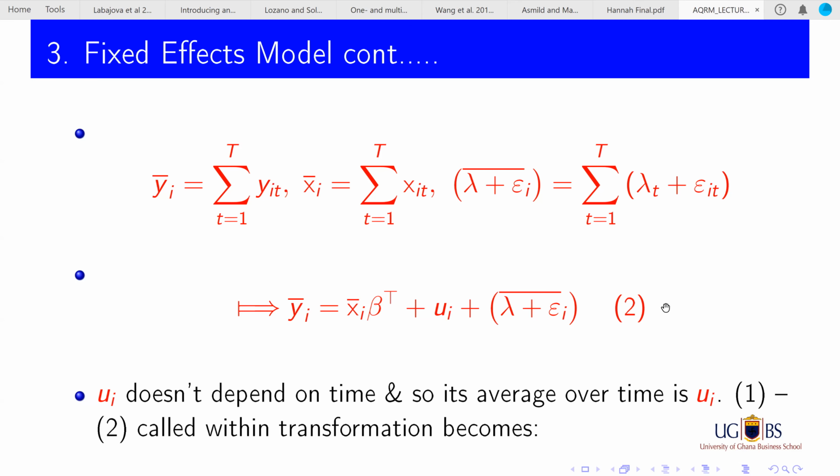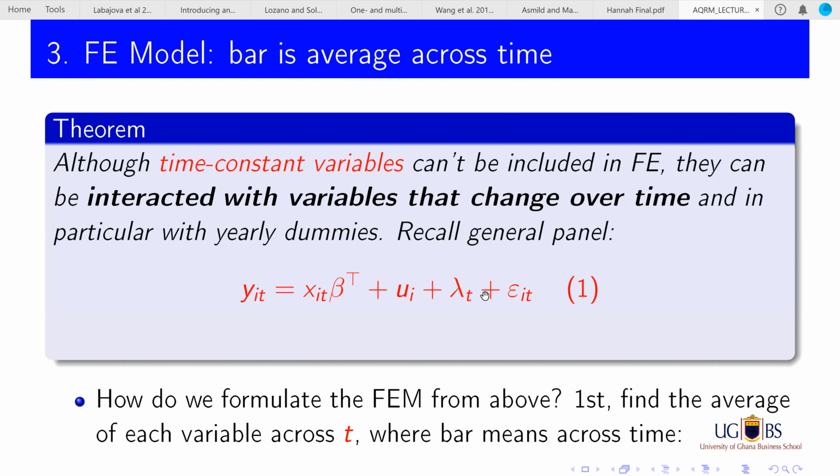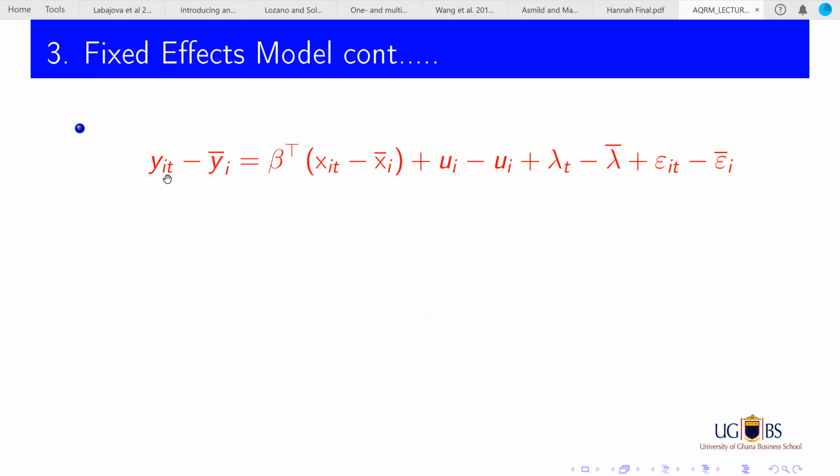Now, when you look at this equation 1, so you have your equation 1 here. I'm going to take each one of these values minus the bar, the YI bar. Then I'll take this XIT minus the XI bar. So that's what I've done there. YIT minus the YI bar.